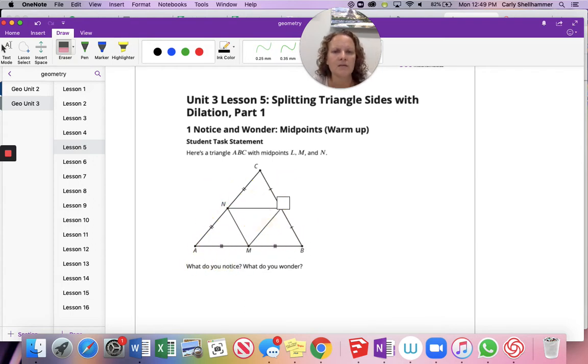Now, what do we notice? What do we wonder? What do you notice? What do you wonder about this? I wonder what those measurements are. I wonder if AC is parallel to LM, or LN is parallel to AB, or even NM is parallel to BC.